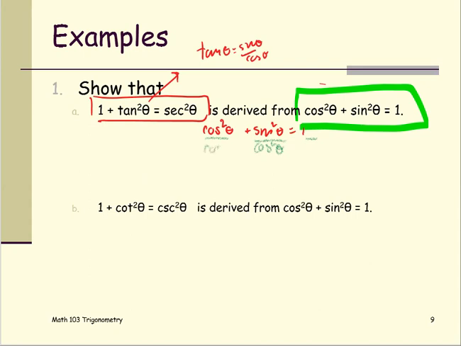If we divide one term by cosine squared, we have to divide all of them by cosine squared. After that, you can see that cosine squared over cosine squared theta equals 1. Sine squared theta over cosine squared theta is the tangent squared theta. 1 over cosine squared: remember, 1 over cosine theta is the secant of theta, and since it's squared, it's secant squared theta on the right-hand side.